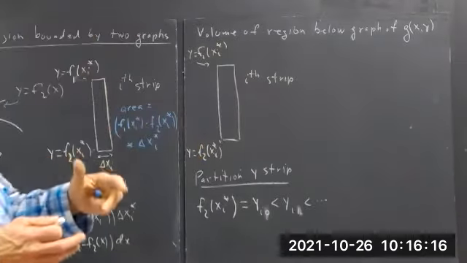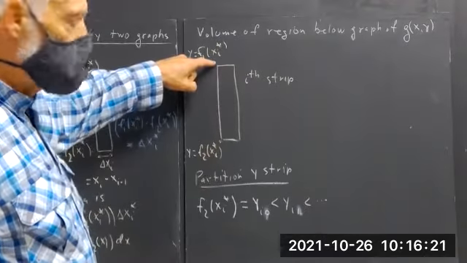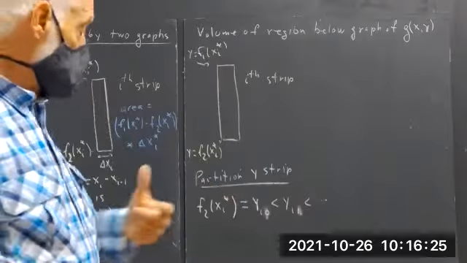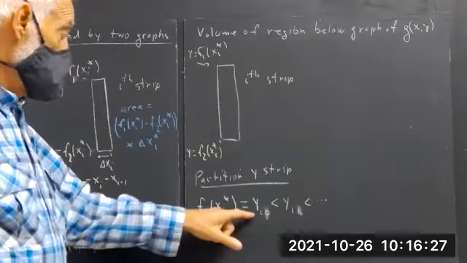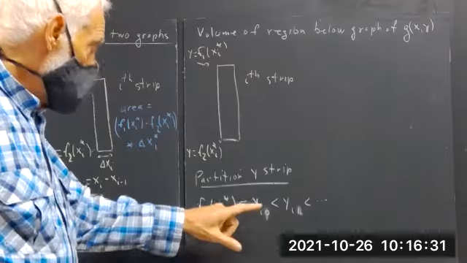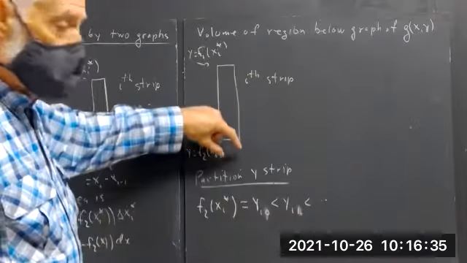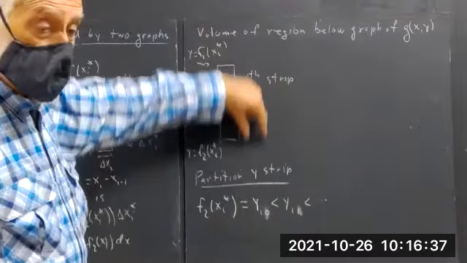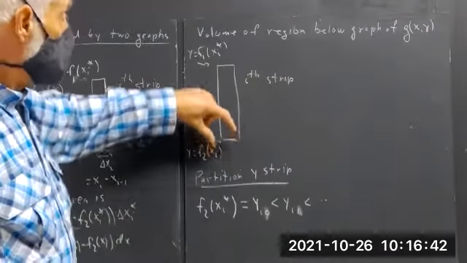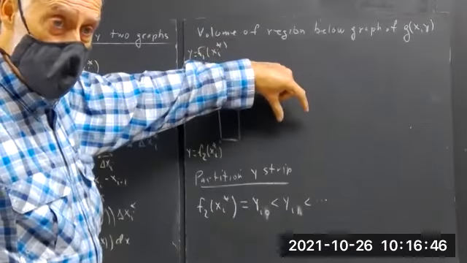Since the values of F2 of xi star and F1 of xi star are typically going to be different for two different strips, then we want to index this partition by the number of the strip that we subpartitioned. Okay, we've partitioned the region into n strips.